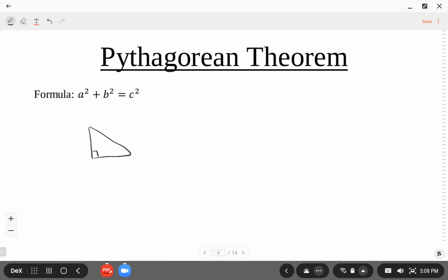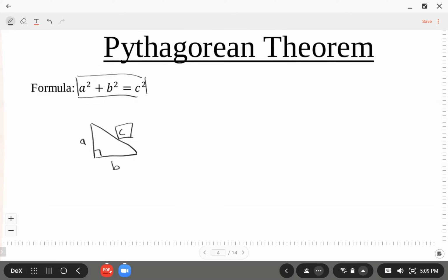It has to have a right angle, okay? So let's say this is B, and then this is C. And then using the formula right here, we can figure out C with A and B.